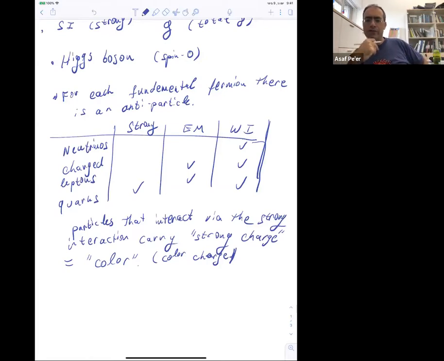The same way if you think of quantum mechanics, those of you who already learned quantum mechanics, you have a wave function which is in the ground state, the minimum level, but then you can have the first excited level, the second excited level, etc., which give rise, for example, to the splitting in the hydrogen atom. We have the same thing here. The proton and the neutron are the ground state of the particles.